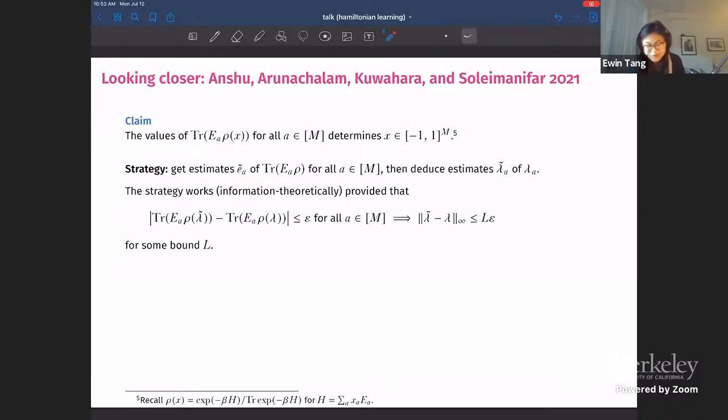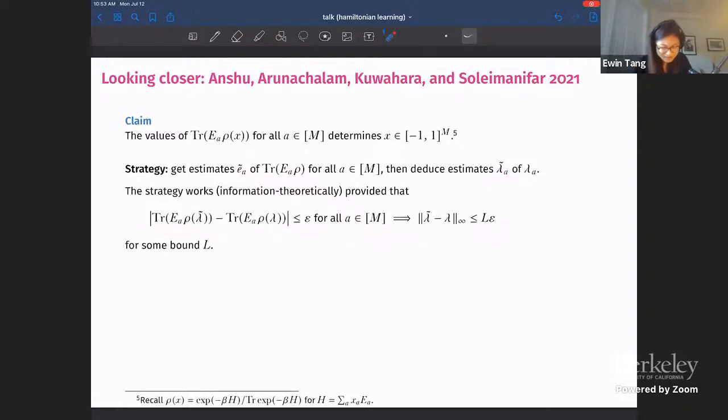However, the thing that we want, lambda A, is a function of these marginals. So maybe there's some way of taking estimates of the marginals and then deducing estimates of the coefficients. The thing one would need to check for this strategy to hold is that if you get something close to the right marginals, then you can also deduce something close to the right coefficients.